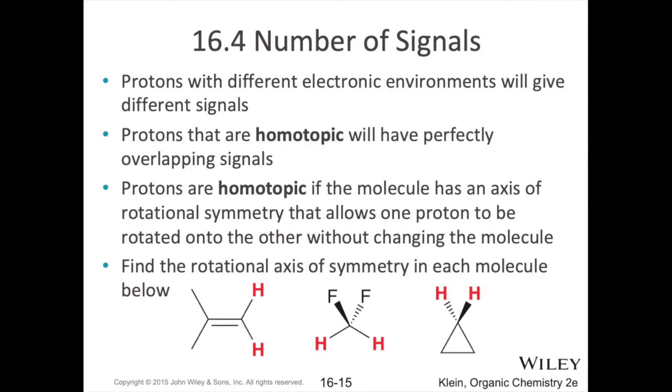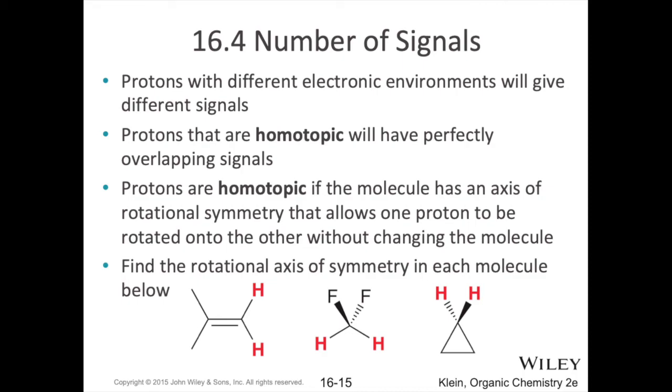For the number of signals, this tells us how symmetrical our molecule is. The more symmetry our molecule has, the fewer signals we will see, because the signals from symmetrically linked protons will be identical. They overlap, so we see fewer signals if all of the protons are similar to each other.